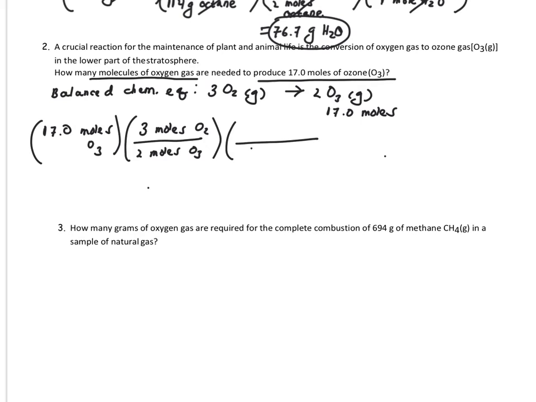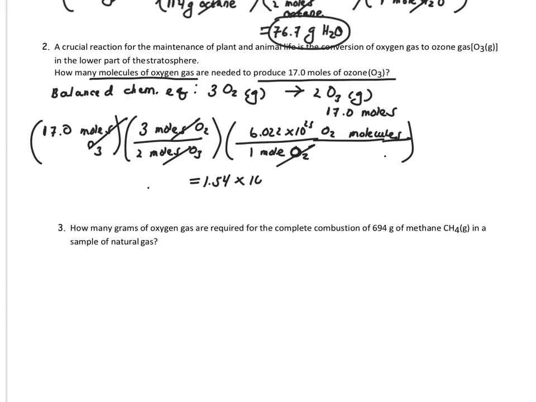And for every 1 mole of oxygen, we have Avogadro's number of oxygen molecules. So moles of O2 cancels out, moles of ozone cancels out, and we're left with 1.54 times 10 to the 25th O2 molecules.